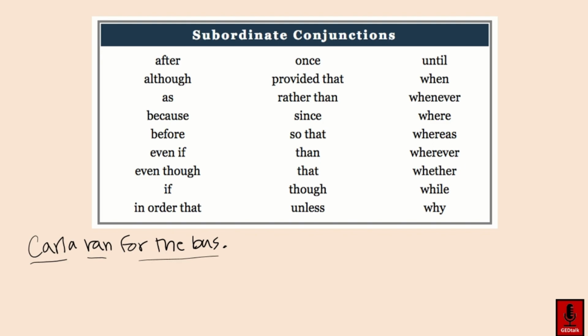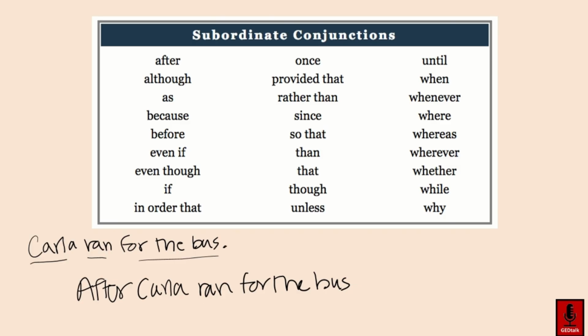However, if all of a sudden I decide to add a subordinating conjunction before Carla ran for the bus, it's going to turn it into a dependent clause. So say, for example, if I say, after Carla ran for the bus. So go ahead and read that out loud to yourself.